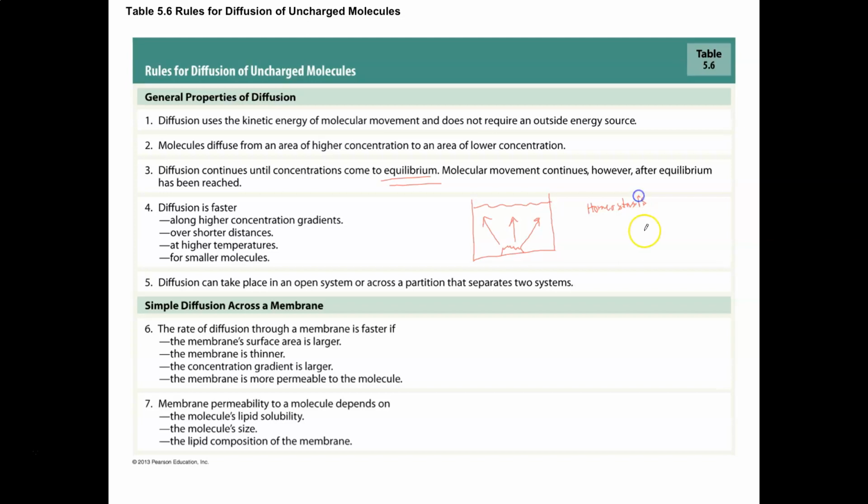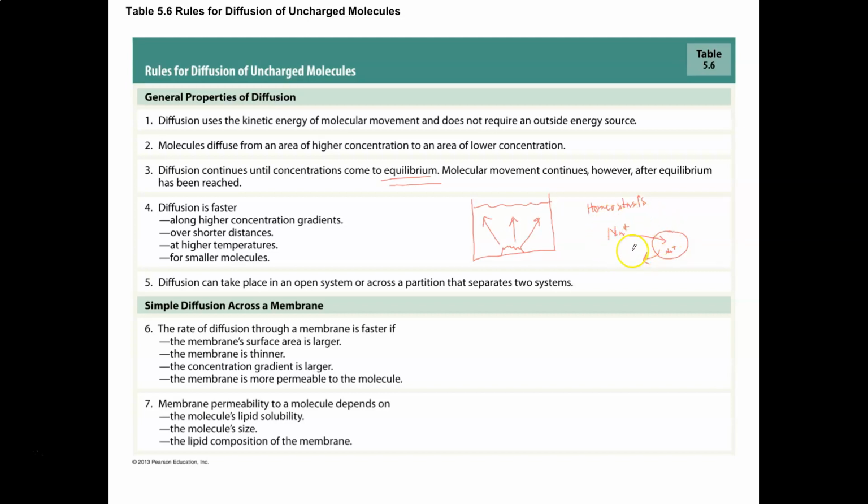So in previous videos, I've talked about how you can have differences in concentration outside and inside. For example, sodium's in high concentration outside of a cell and low concentration inside of a cell. The reason sodium does not diffuse to equilibrium is because there are other transport mechanisms pumping sodium back out. It's an active transport mechanism.